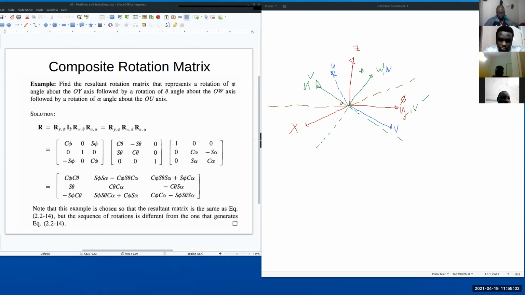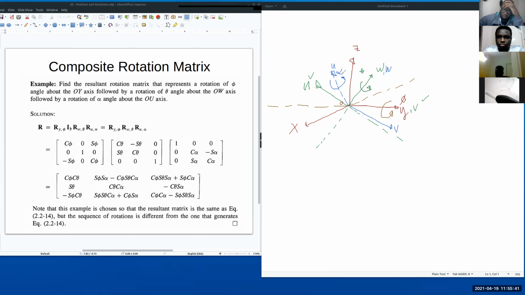The brown one is a positive rotation according to the right-hand rule, so it should be like this. For the W axis, also the right-hand rule: the thumb should point in the same direction as the arrow. And the blue one, the U, you rotate also by the right-hand rule, by how much angle? Alpha. Okay, so those are the rotations.